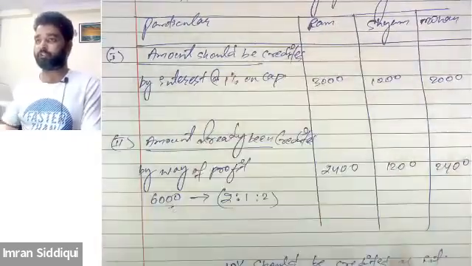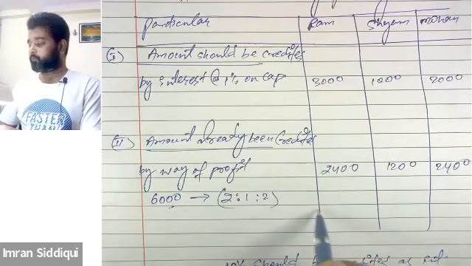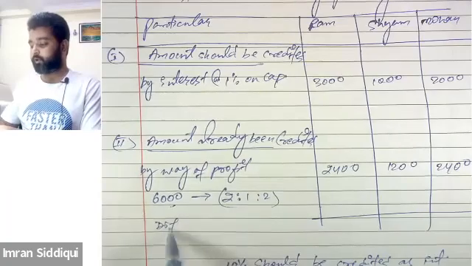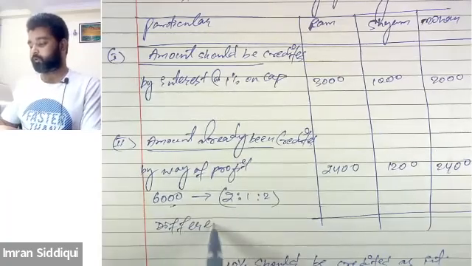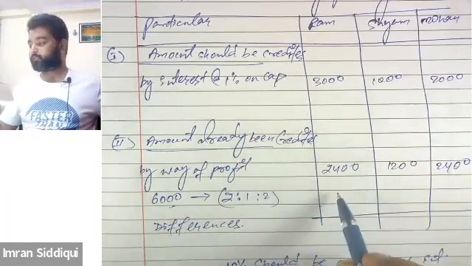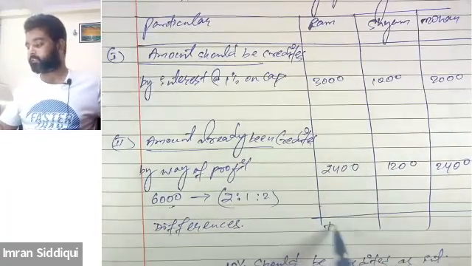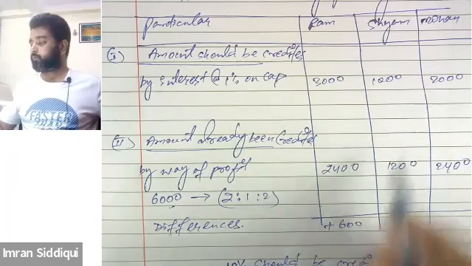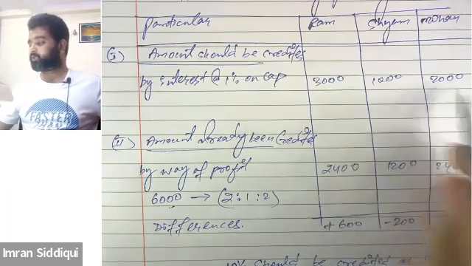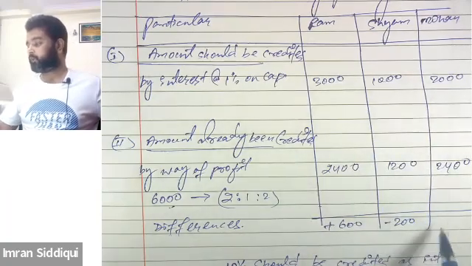Yes, sir. Is this entire calculation clear? Okay. Now we will find out the differences. The differences will be 3,000 minus 2,400. We will get a positive balance of 600. 1,000 minus 1,200, we will get a negative balance of 200. And 2,000 minus 2,400, we will get a negative balance of 400.